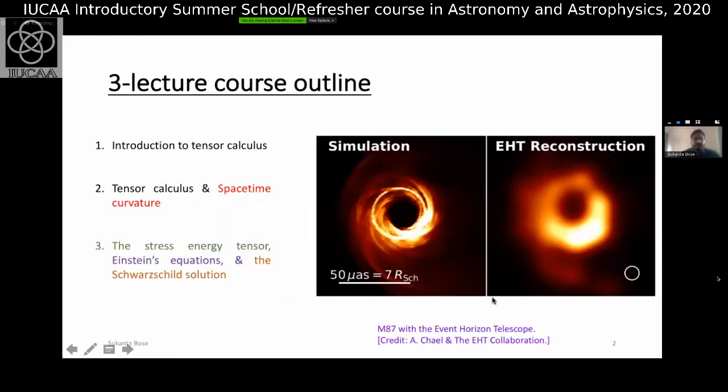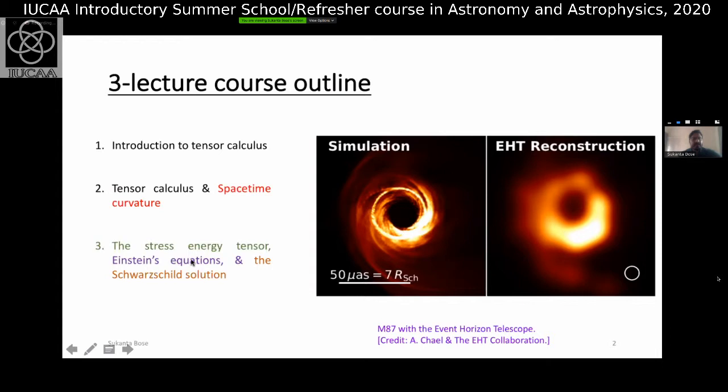All right, so in this 3 lecture course outline, today we'll focus on tensors. I will perhaps not have the time to introduce tensor derivatives until the next lecture, but the next lecture will be mostly devoted to tensor calculus and introducing tensors that describe space-time curvature.